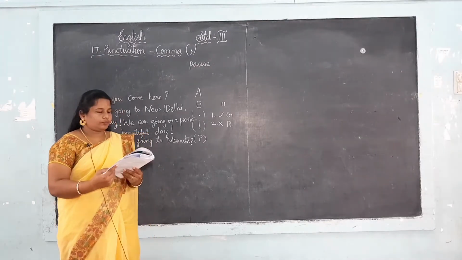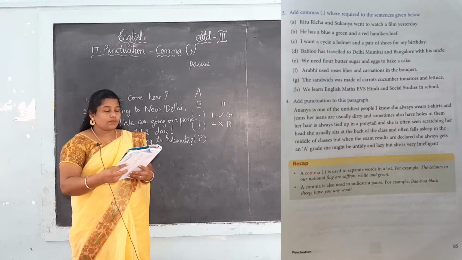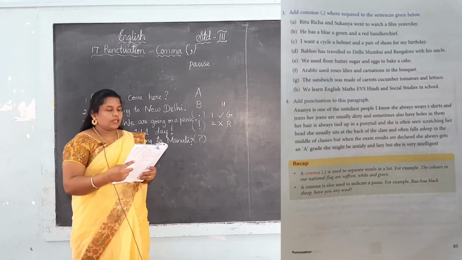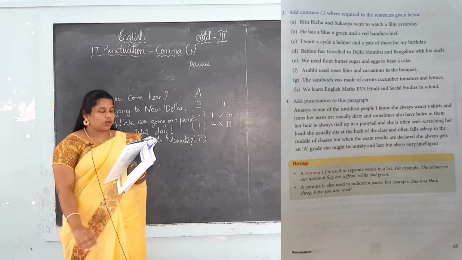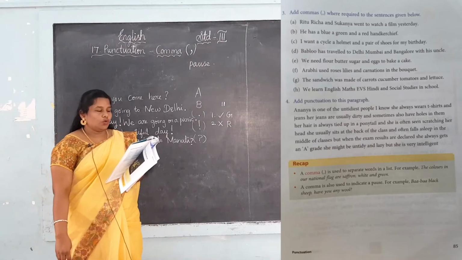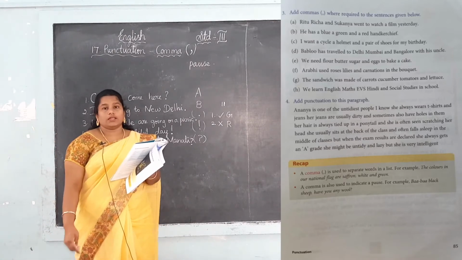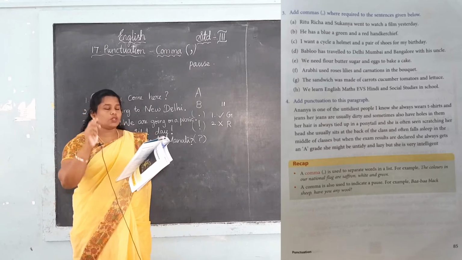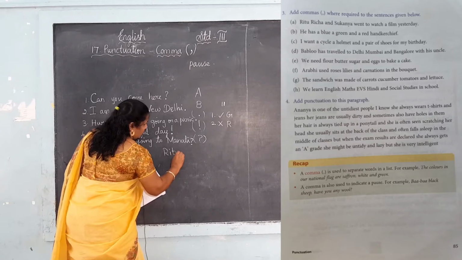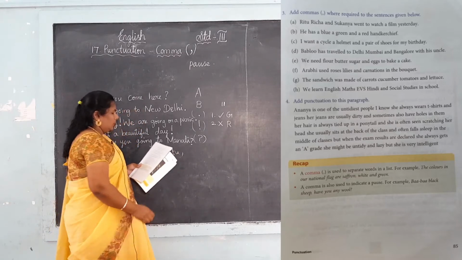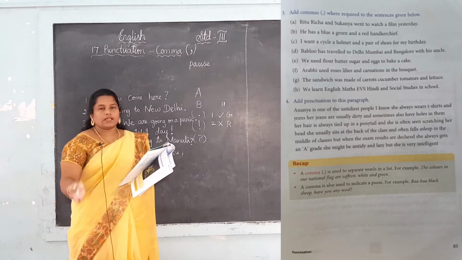Okay, next one. Add commas where required to the sentences given below. This also, the first two I am going to do. The remaining is your homework. See, Ritu, Richa and Suganya. See, three names are there. So, after Ritu you want to put comma. Next, Richa and is there, so no problem.